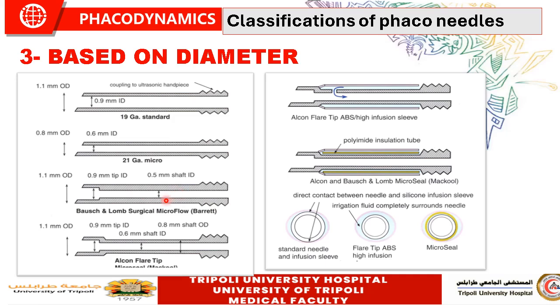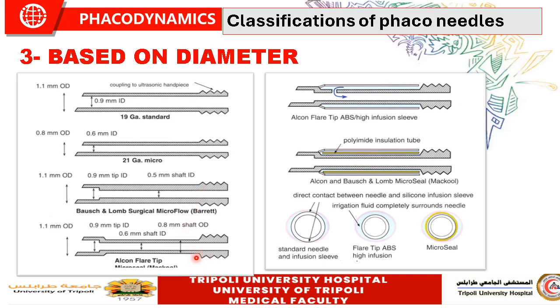This is to increase the holding power, because you know the relation between the terminal end and the holding power. The more the distance or the surface area of the terminal end, the more this will increase the holding power. However, the narrow lumen will increase the outflow resistance, so it will protect against the surge.